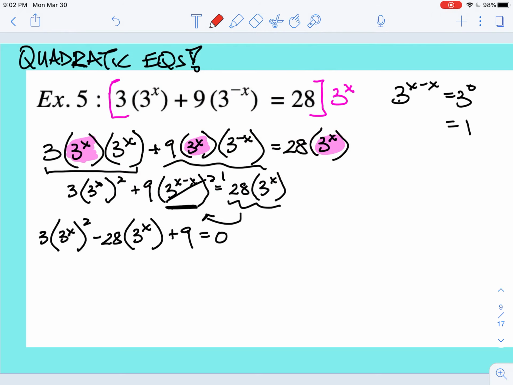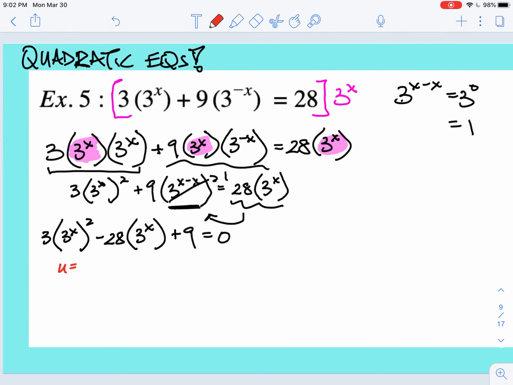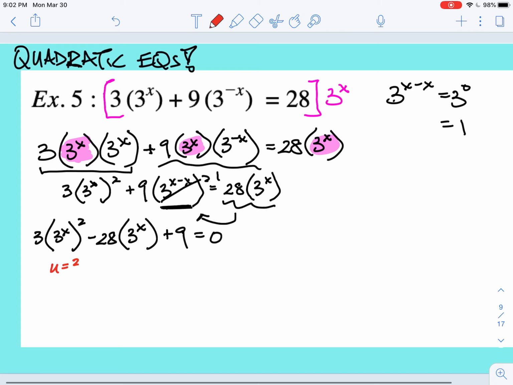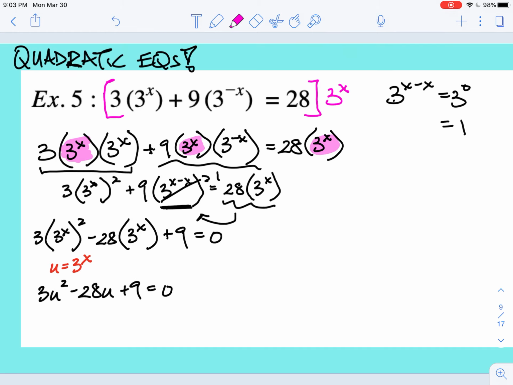So everywhere I see a 3 to the x, I'm going to replace that with a u. And so that's going to look like 3u squared minus 28u plus 9 equals 0. And let me just go back and highlight for you, this 3 to the x became that u, and this 3 to the x became that u.